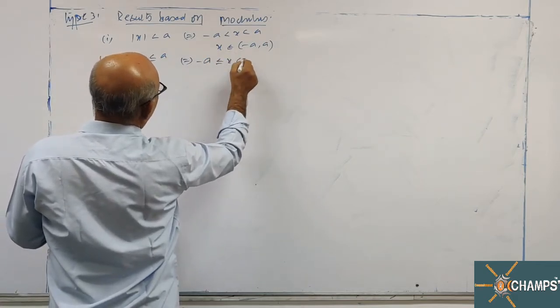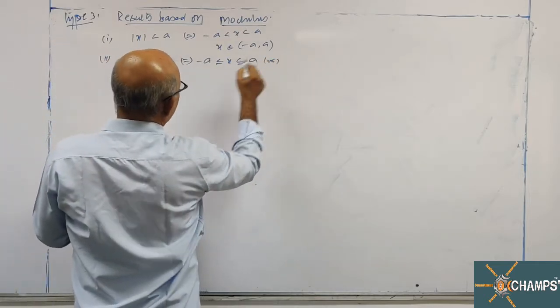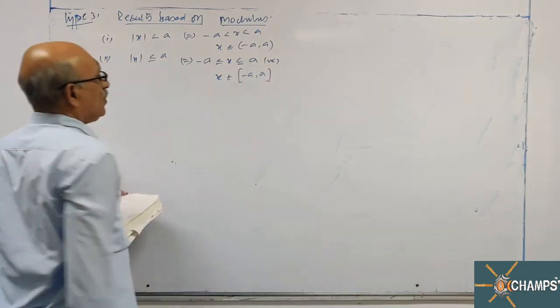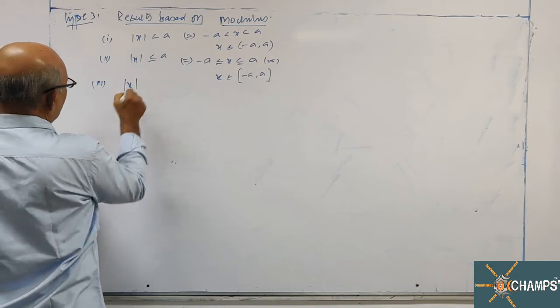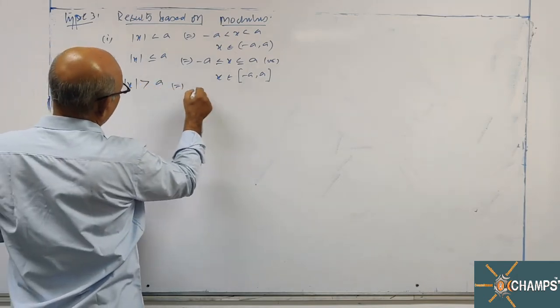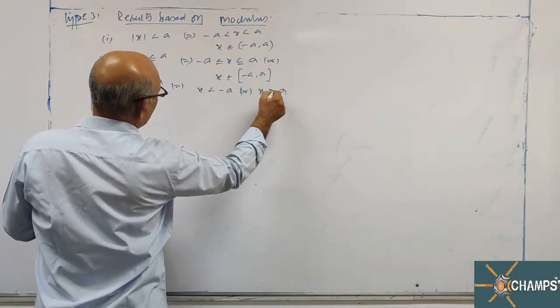Minus a less than or equal to x, x less than or equal to a. Or it can be written as x belongs to closed interval minus a to plus a. Third one, modulus of x greater than a implies and is implied by x is less than minus a or x is greater than plus a.